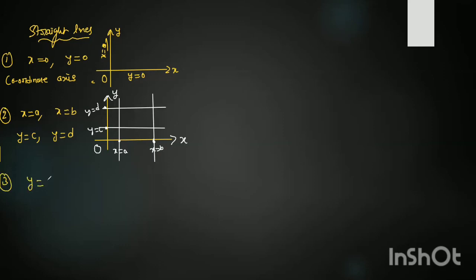We have equation of straight line, right? Y is equal to mx, y is equal to x. Y is equal to x is a straight line making an angle 45 degree. Here y is equal to mx, m may be any value. If it is 1, then you will get y is equal to x. Okay, let me draw both in one. So this is x-axis, this is y-axis.